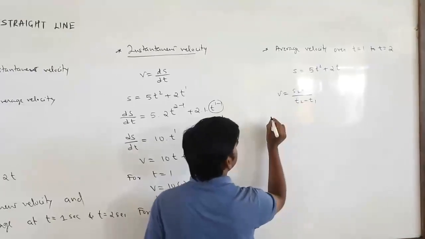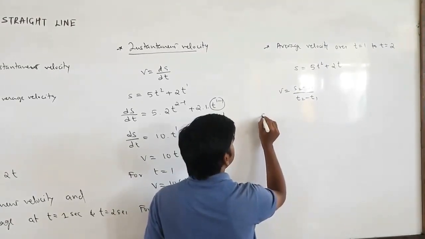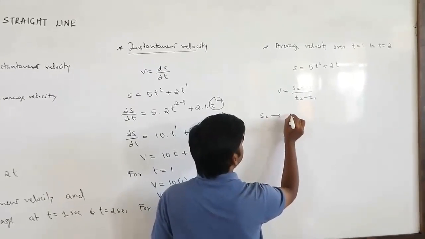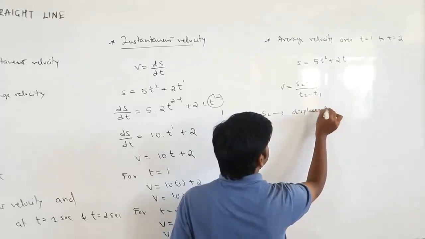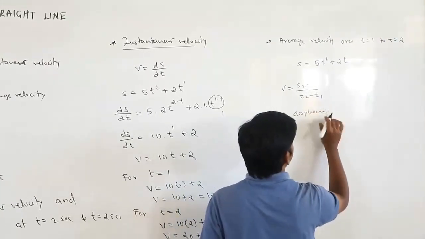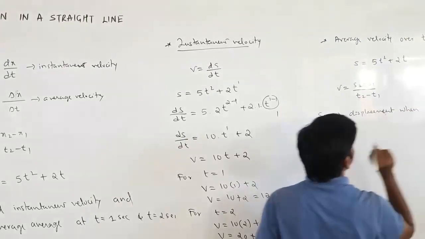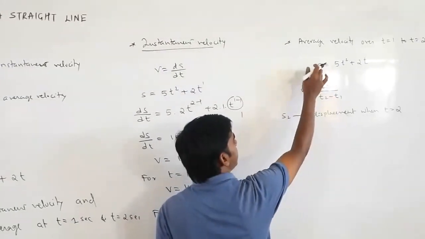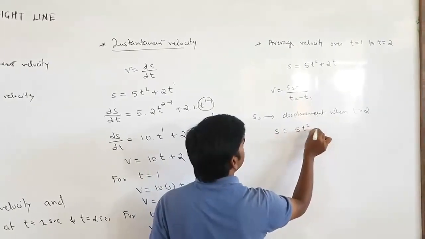First I have to find s2. So s2 is the displacement when t equals 2. We know that s equals 5t square plus 2t.